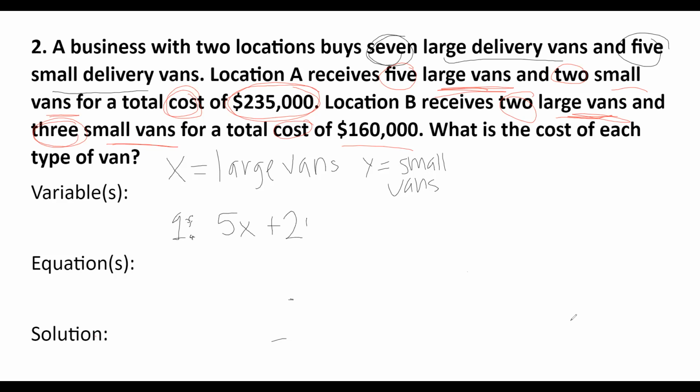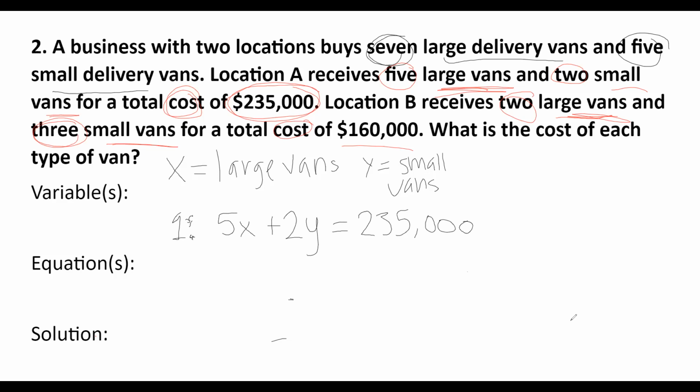It's 2Y, and their total cost is equal to, see, total cost is not a variable. Total cost is not going to be Y because we already know that value. It is not unknown to us. We know that the total cost is going to be $235,000.